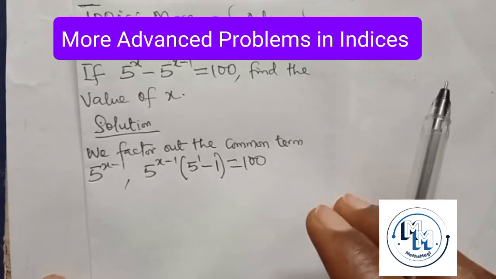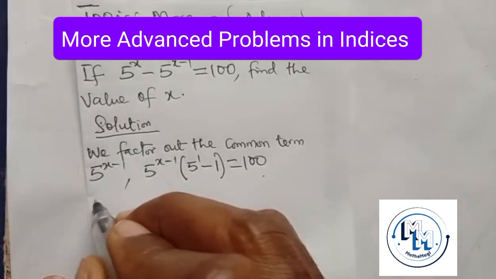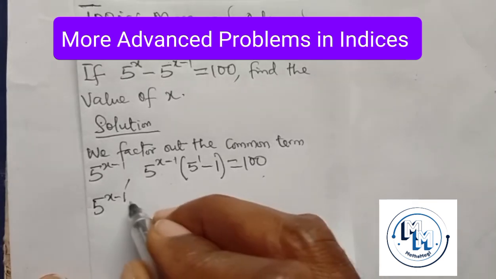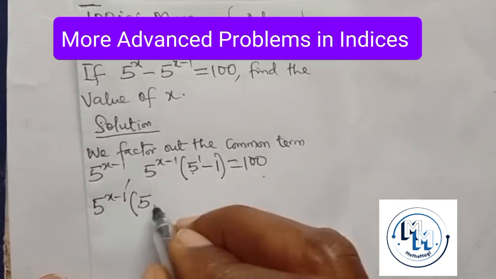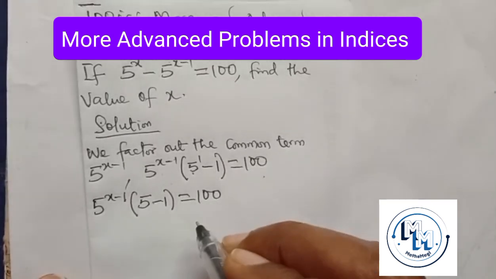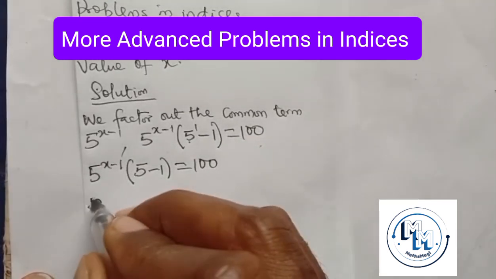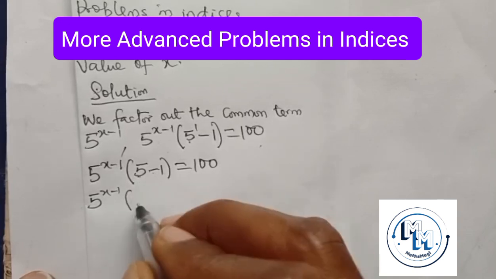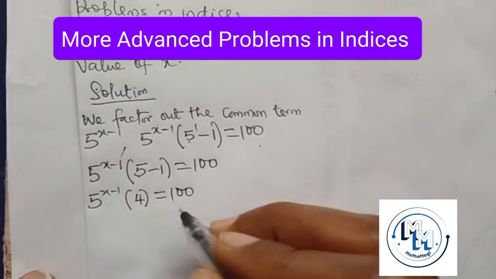Now let's go further. From here, we have 5 power x minus 1. Now, 5 power 1 is 5, minus 1 is equal to 100. Are we following? Now, 5 power x minus 1, then 5 minus 1 is 4, equal to 100.